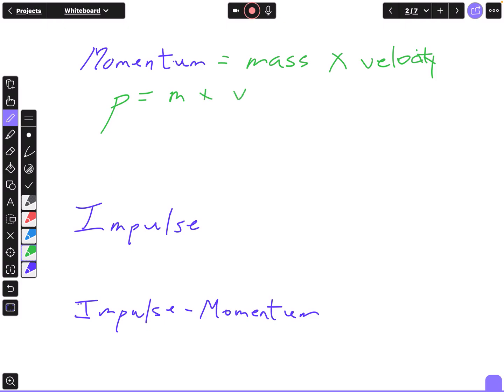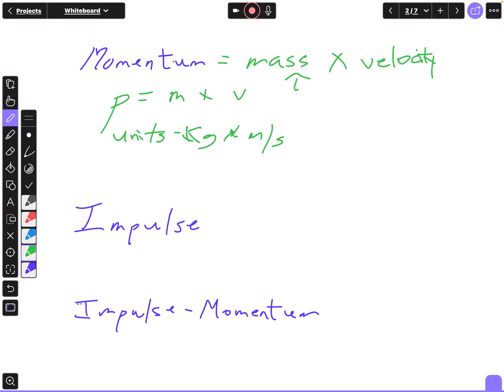The units for momentum are kilograms times meters per second. If you increase the mass, you increase the momentum. If you increase the velocity of an object, you increase its momentum. If you decrease the velocity, the momentum would go down.